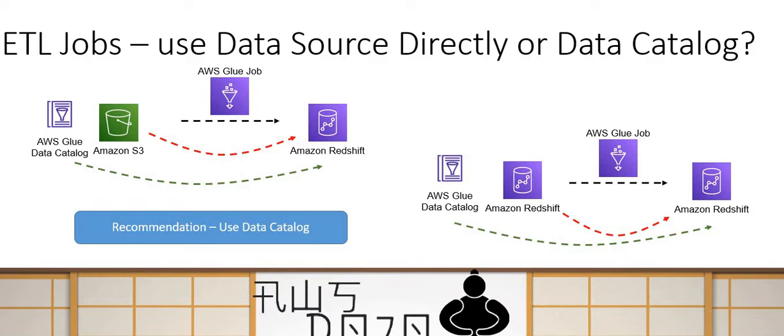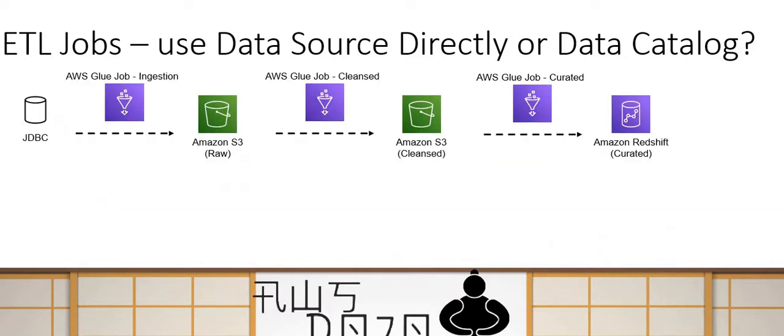You talk to the Glue catalog and then write to Redshift. Similarly, in the second example, you don't talk to the Redshift cluster directly in your Glue job, but you talk with the Glue catalog and then write to Redshift. That's how you should be doing it. That's the recommendation, and this is true for a whole pipeline flow as well.